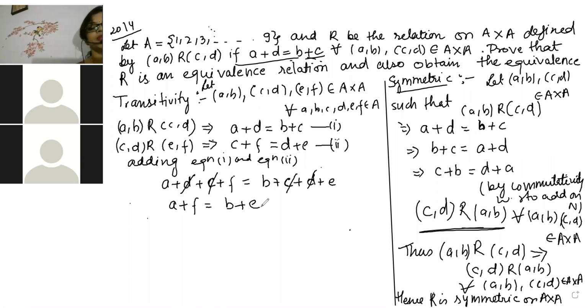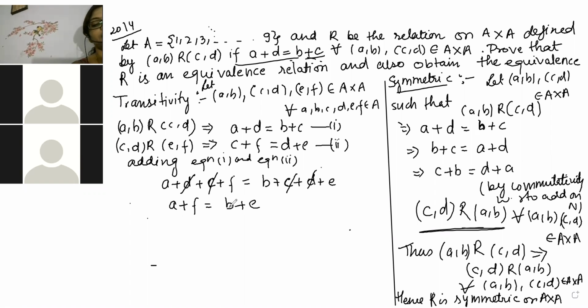Now you see the order. Here we will apply commutativity with respect to addition. Once we apply commutativity with respect to addition, it will reverse its order. Any one of the orders we can reverse because we want a with b and e with f.